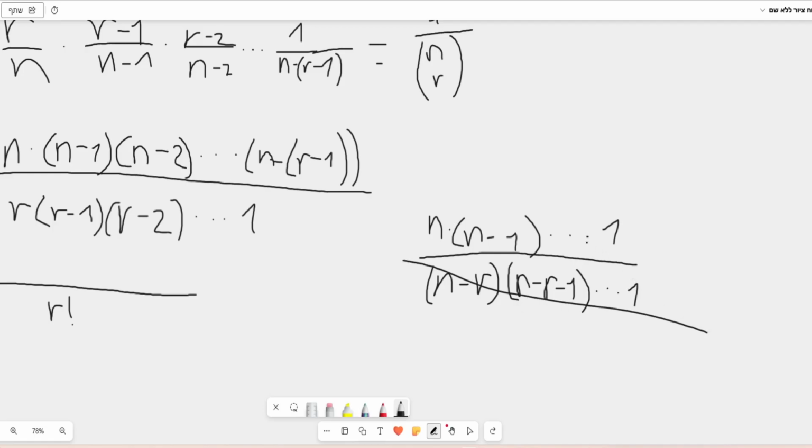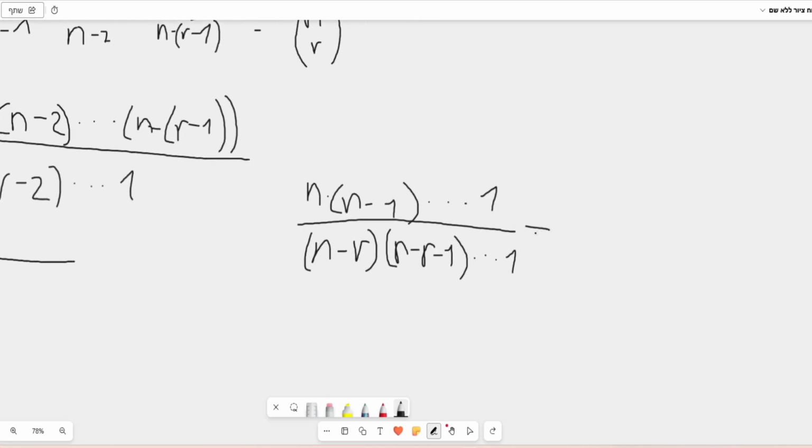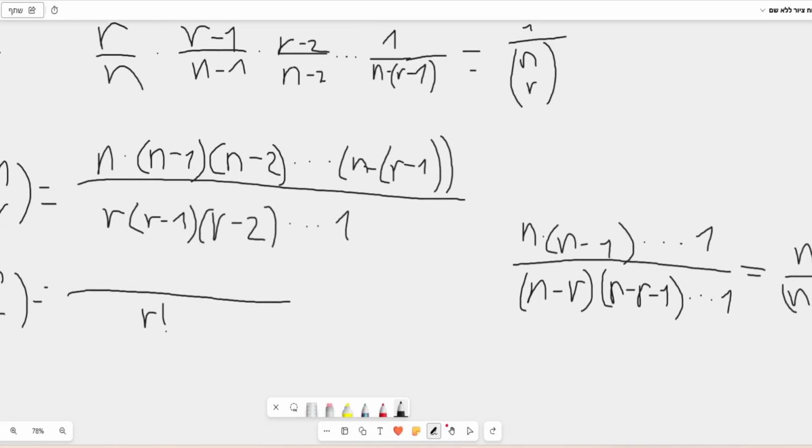And then this will cancel out with whatever I have here, and I will be left with this expression right here. Now this we do know, this equals n factorial at the top, n times all of its previous numbers, over n minus r factorial, because it's n minus r times n minus r minus 1, times n minus r minus 2, all of the previous numbers up to 1. So let's plug that in.